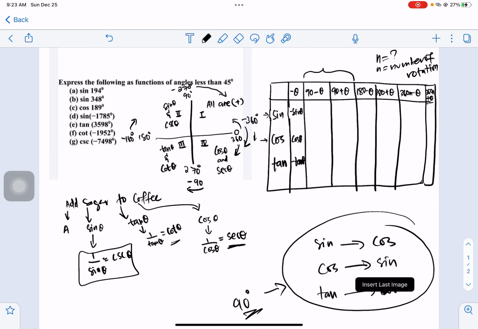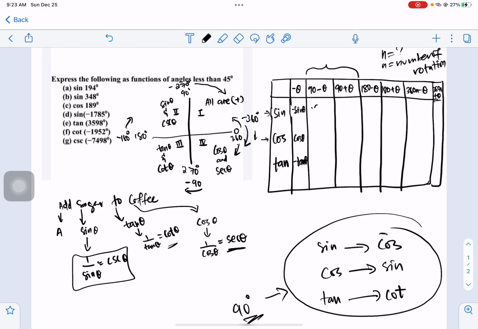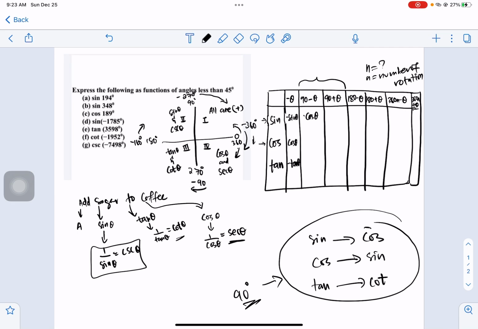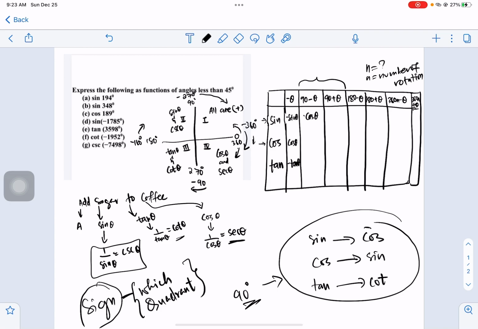So 90 minus theta. For sine, it will change to cos, so it will be cos theta here. But will it be negative or positive? Now 90 minus theta lies in which quadrant? Whenever you talk about sine, you have to check which quadrant, because this will tell you which one is positive and which one will be negative, right?